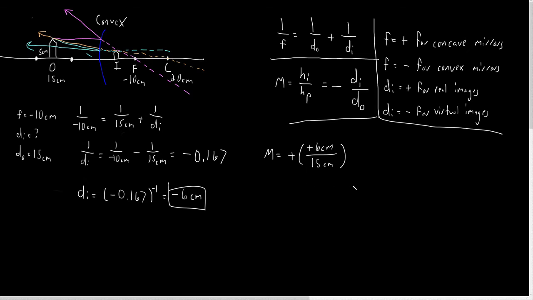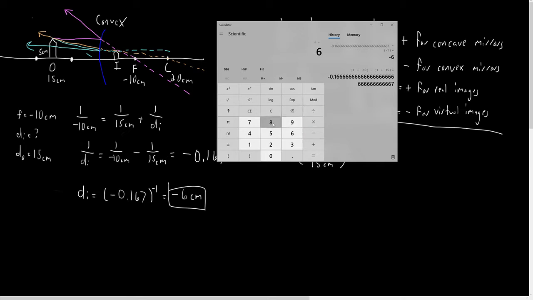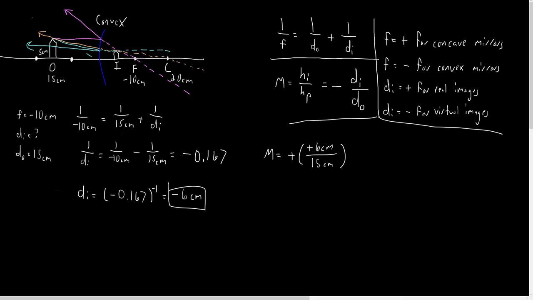Negatives cancel out the negatives, so I've got 6 divided by 15. 6 divided by 15 is 0.4. So at this distance, our mirror has a magnification of 0.4. Not centimeters, those cancel. So magnification is just 0.4.